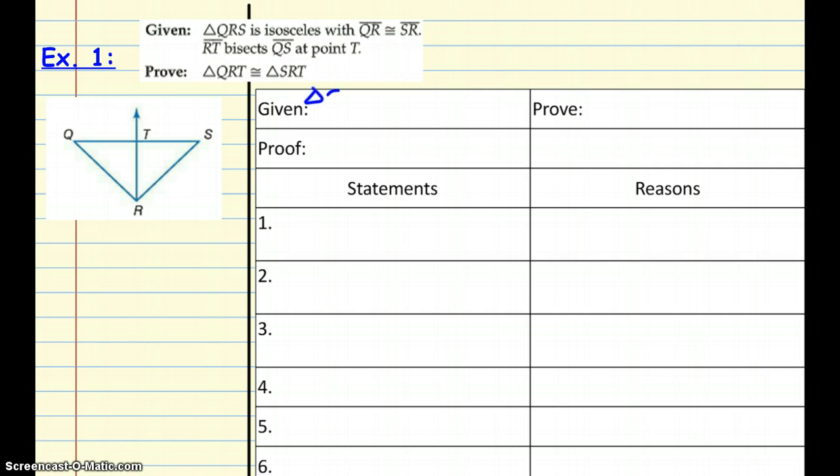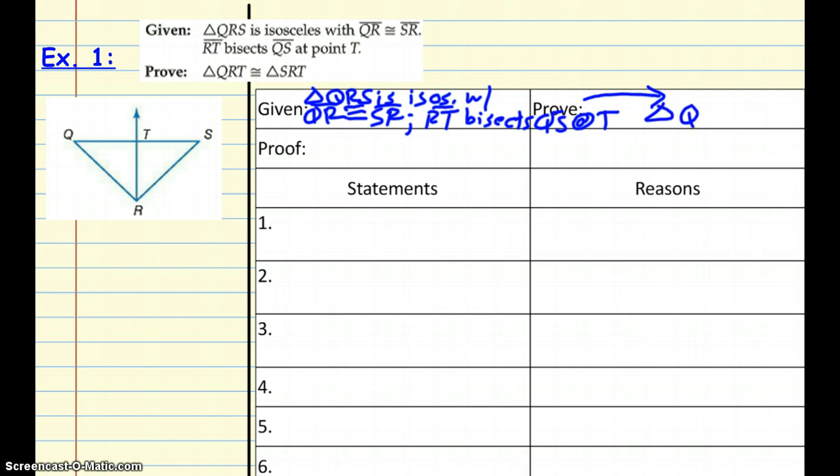So again, I'm given QRS is isosceles with QR congruent to SR, and we also know that RT bisects QS at T, and we are going to prove triangle QRT is congruent to triangle SRT.